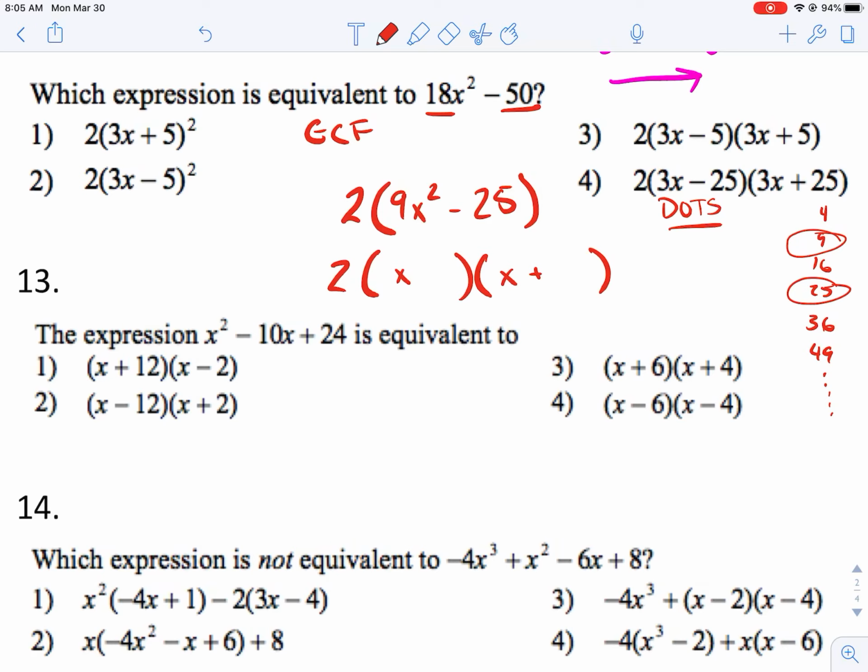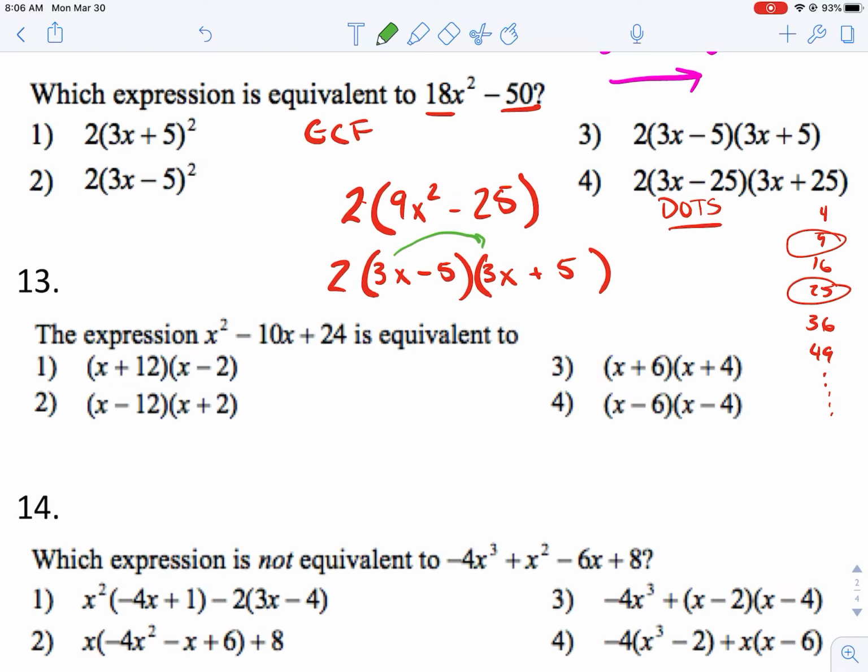So I'm going to split these up. Put an x on both sides. Put a plus or minus in between. In the front here will be a 3, and in the back will be a 5. And that's what it means to split up your difference of 2 squares.